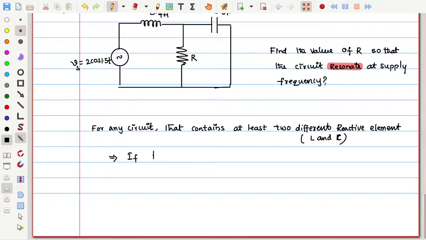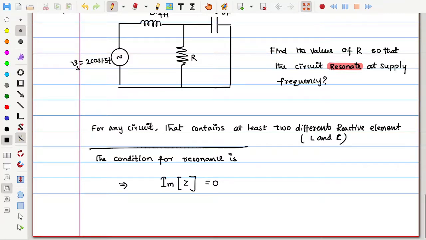For any circuit that contains at least two different reactive elements, example L and C, the condition for resonance is that the imaginary part of the impedance, Im of Z, is equal to 0.